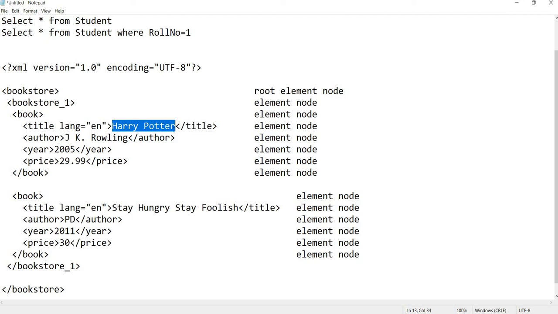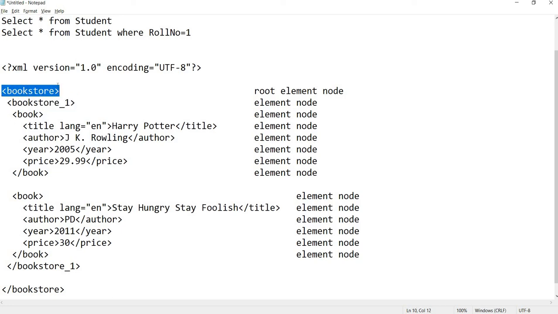Now let's understand the relationships, as this is a structured document as I have told you. In a structured document, every element bears some kind of relationship with every other element from that document. So what are the relationships? Let's understand. If we talk about the relationship of this bookstore with other elements, bookstore is a parent of this bookstore underscore 1, as it is containing it.